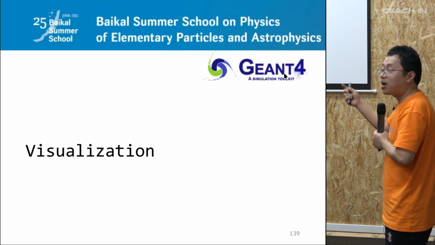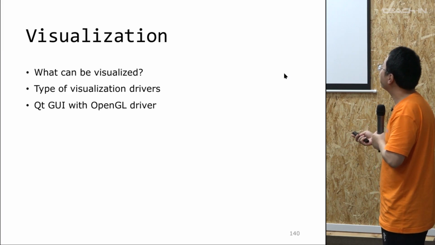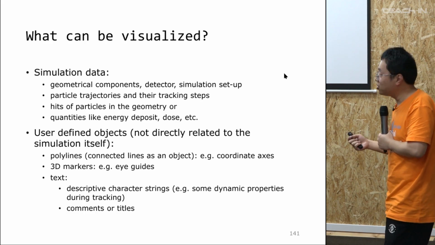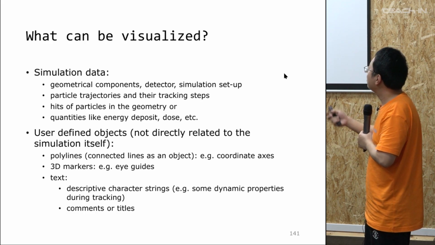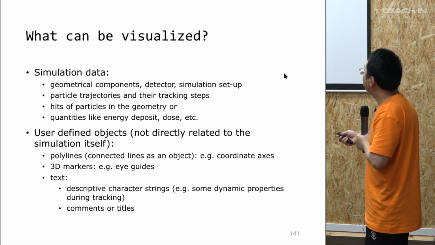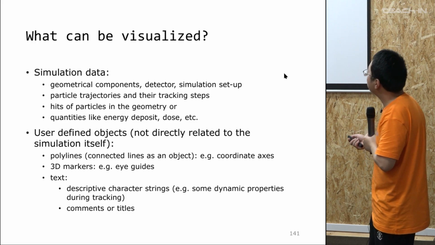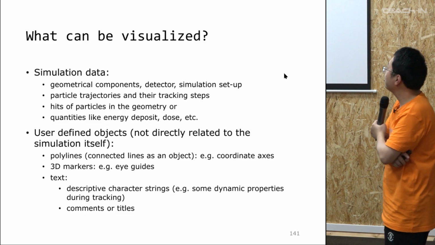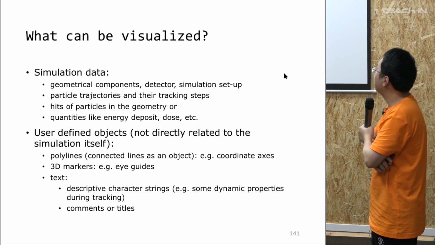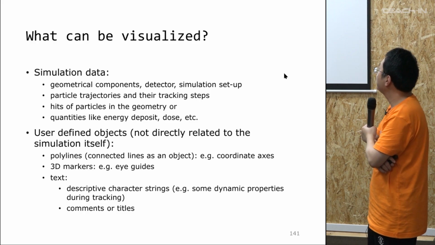And the next part is about the visualization. This, I think, will be helpful because you can see the detector and also the interaction of the particles with the detector. Here you can see Geant4 provides you the visualization of the simulation data, for example, the geometry, the particle trajectories, and also the hits information.